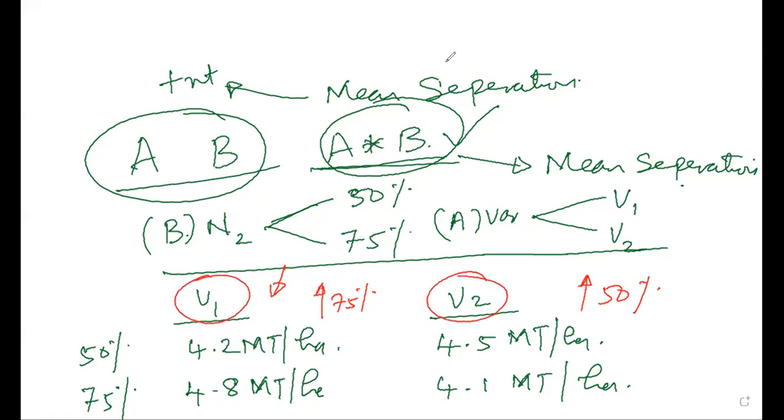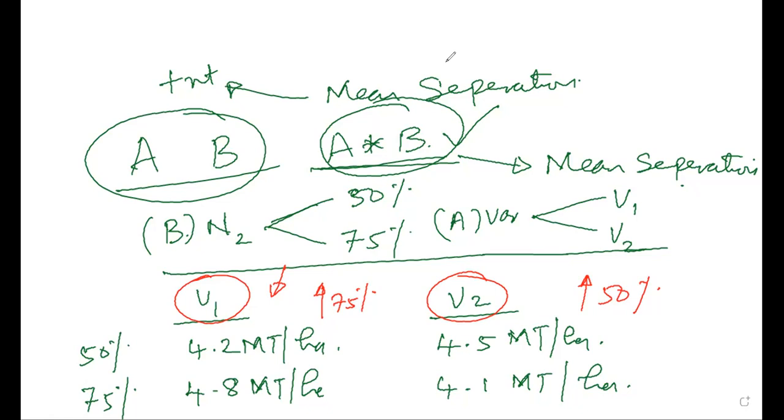So when you recommend, do you recommend 75% for both varieties? No. For variety 1, 75% is giving the maximum yield. For variety 2, 50% is giving the maximum yield. So two different recommendations for these two varieties. So this is what we call interaction.